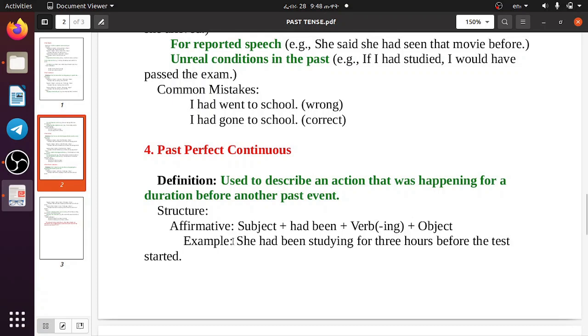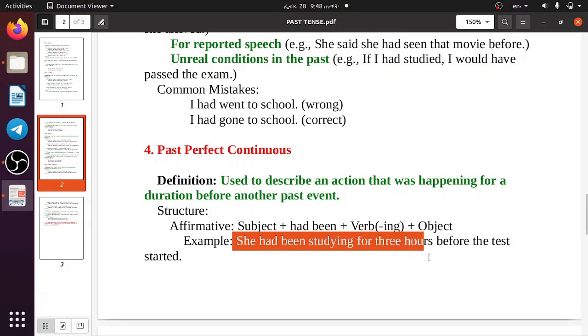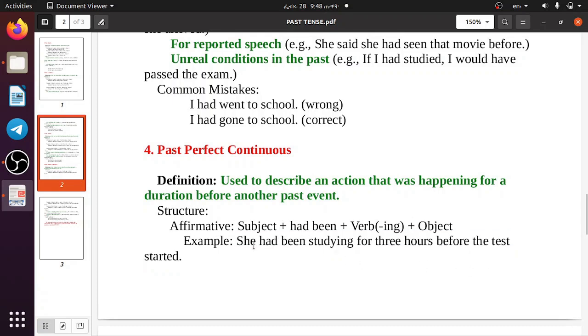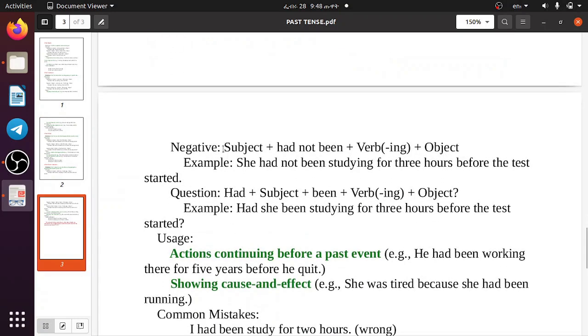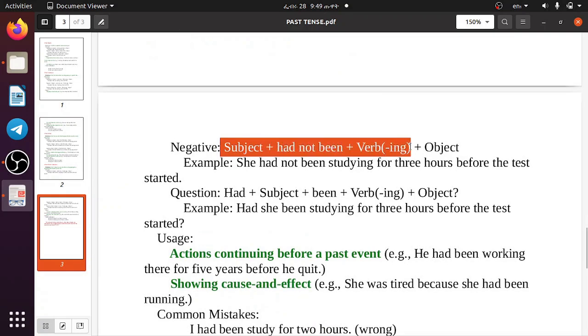In negative form: subject plus had not been plus verb ing plus object. We use had not been, or hadn't been, as the negative indicator. For example, she had not been studying for 3 hours before the test started.